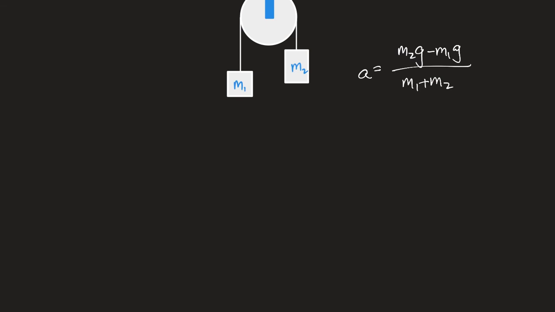I see a relationship here between the acceleration of the blocks and the masses of the blocks. Do you see such a relationship? It seems to me that if I wanted to measure G, then I would need an apparatus that would allow me to measure the two masses and also measure the acceleration of the system.